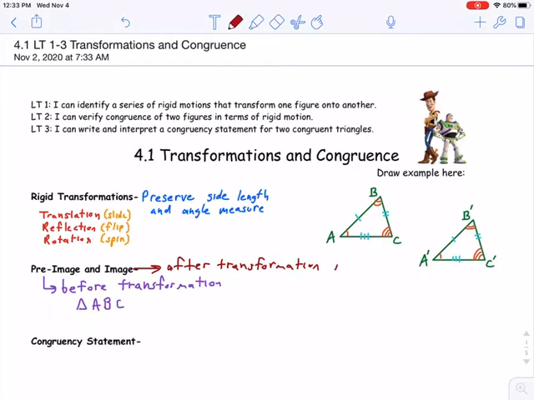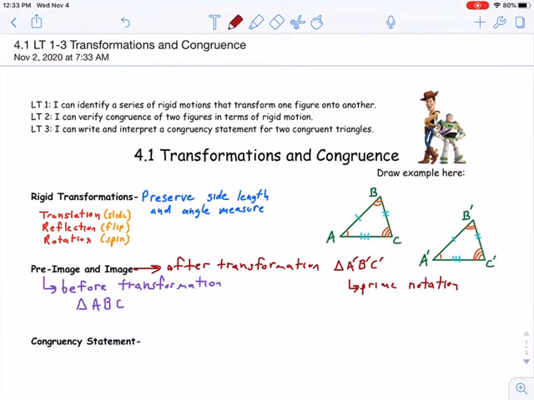In this particular case, it'd be triangle A prime, B prime, C prime. All right? And this is called prime notation, since the prime tells me that that's after the transformation. And we can even get double primes, triple primes, so on and so forth. All right? So that's how you tell which one's which. Before transformation is triangle ABC. After transformation, triangle A prime, B prime, C prime.